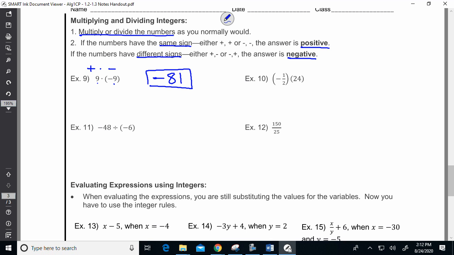For 10, you have a negative times a positive, which is negative, because the signs are different. 1/2 times 24. So remember, if one of them is a fraction, make both of them a fraction. 24 over 2 is 12. That's -12. Or just remember that half of something means divided by 2.